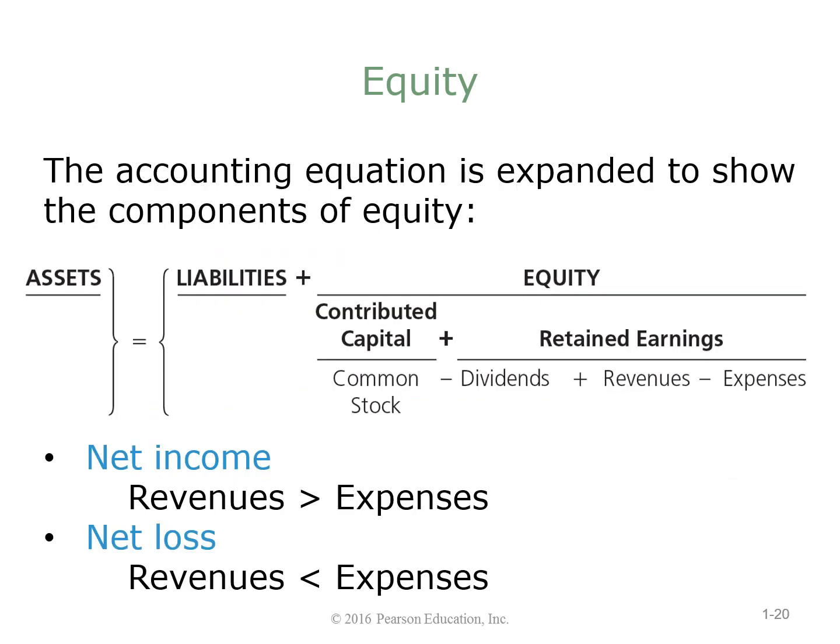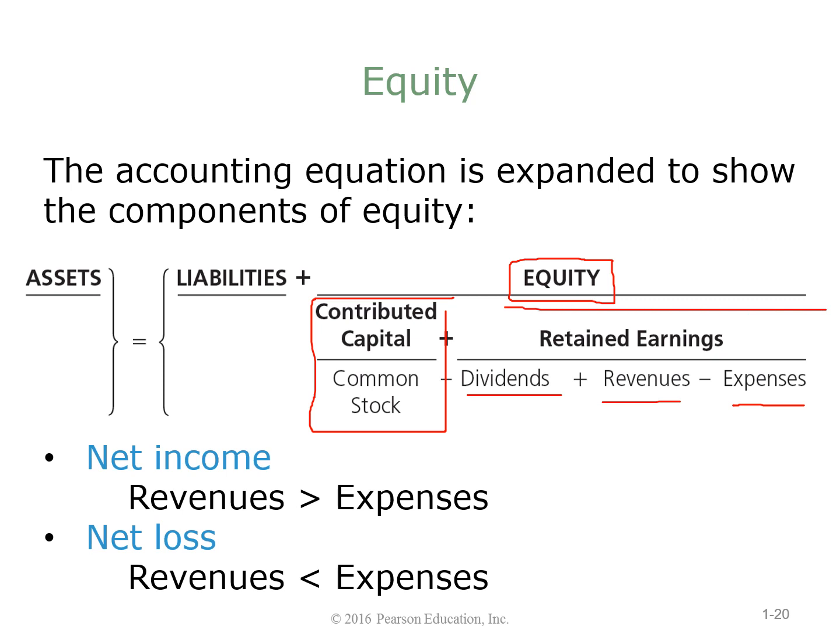For example, if you can see here, this is the equation. These are the assets that we talked about. This is the liability, and this is the equity. And here is the contributed capital, the common stock, the share capital, decreased by dividends, as we said before, increased by revenue, decreased by expenses.